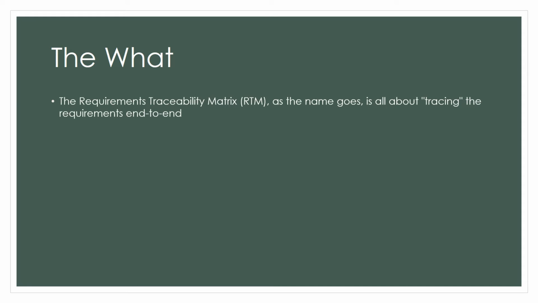Let's talk about the what. What exactly is the requirements traceability metrics? We have spoken about it in brief. Let's look into some of the definitions, right? So the RTM, as the name goes, is all about tracing the requirements end to end, like I mentioned earlier.